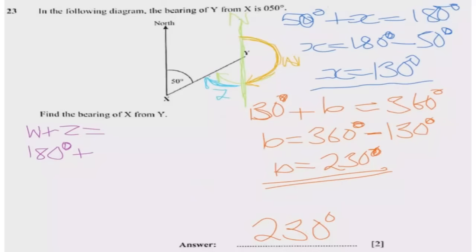Then we can say this 50 degrees is an alternate angle to angle z. Therefore, angle z is also 50 degrees. So you can say 180 plus 50 degrees, the value of angle z. Then when we add 180 plus 50 degrees, it will give us 230 degrees.